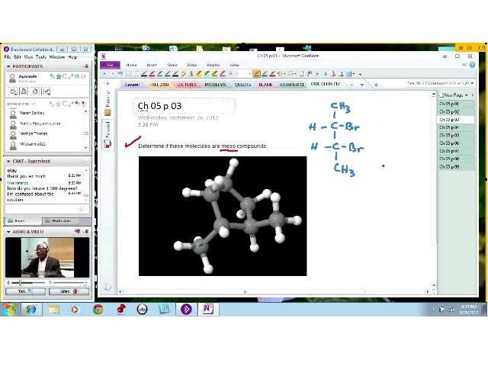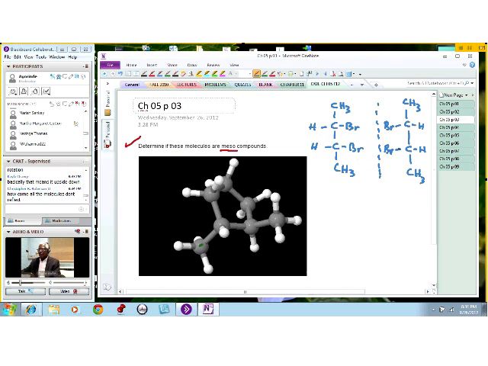of course, if you draw the mirror image, you will know very easily that the mirror images will superimpose. If I draw the mirror image, these two molecules here are mirror images.